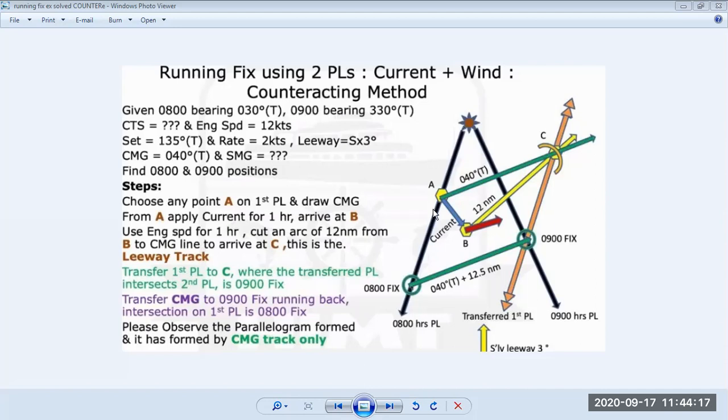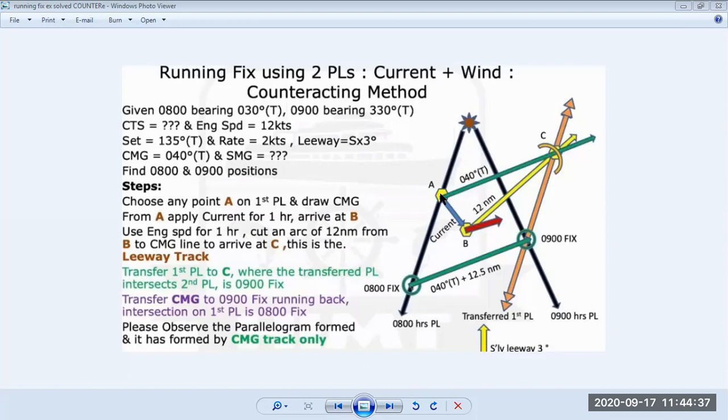So we draw the initial PL 030 at 0800, then the second PL 330 at 0900. We assume any point A on the first PL, and from here we draw the course.